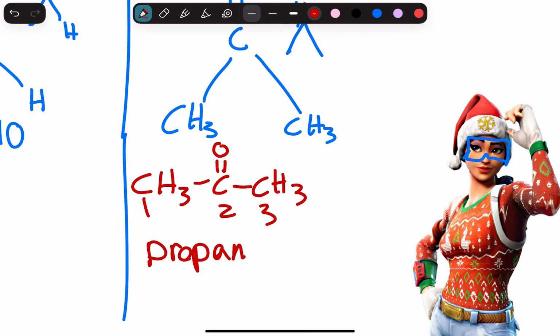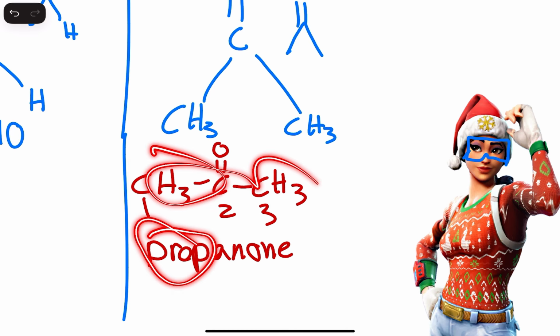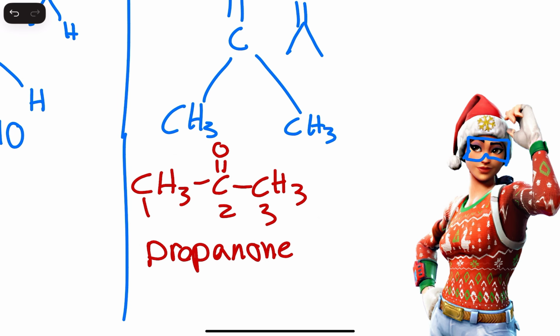So it's going to be propanone. This chain is going to be our propanone chain. Prop telling us that we have 3, -one telling us that it is a ketone, where we have the carbonyl group with carbon groups on either side.